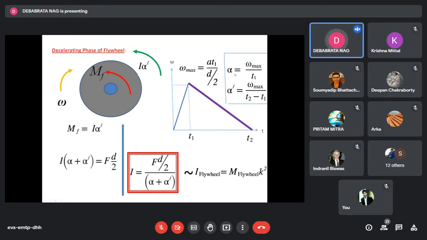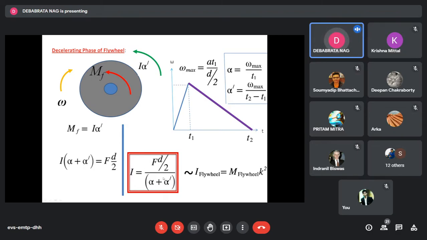And the slopes can be calculated using these two equations. So you can therefore see from here that alpha and alpha dash are known. How are they known? If you divide these two equations, you'll see that alpha dash divided by alpha is equal to t1 by t2 minus t1. So if you know alpha, then you can calculate your alpha dash from this equation. So ultimately, I see that alpha and alpha dash are known.